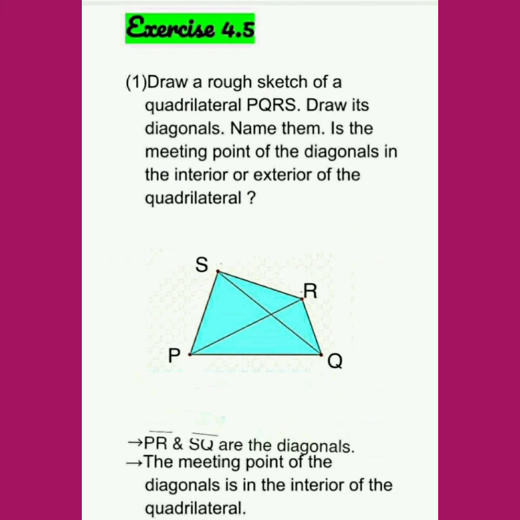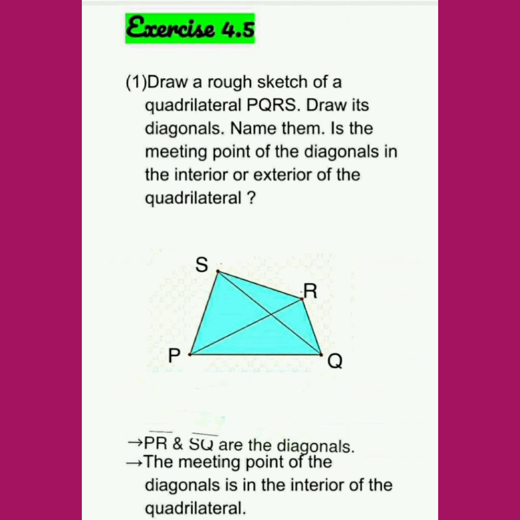Now which are the diagonals? PR and SQ are the diagonals. And is the meeting point of the diagonals in the interior or exterior of the quadrilateral? Now you have to say whether the meeting point of the diagonals. Now where is the meeting point? It is in the interior of the quadrilateral.